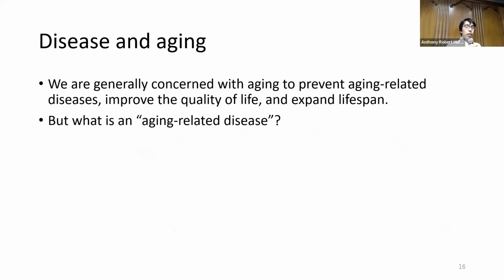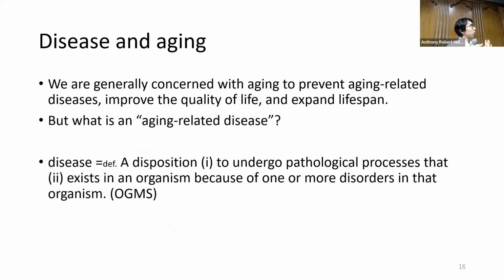Now, finally, we look briefly at the relationship between disease and aging, because we are generally concerned with aging in order to prevent aging-related diseases, to improve the quality of life and to extend lifespan. But the interesting question is, what is an aging-related disease from an ontological point of view? According to the Ontology of General Medical Science, disease is a subtype of disposition.